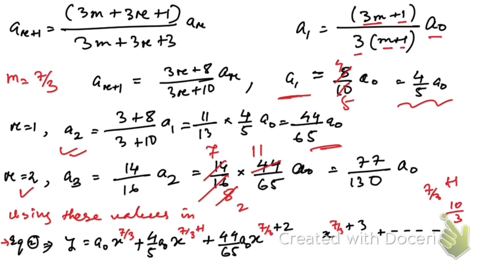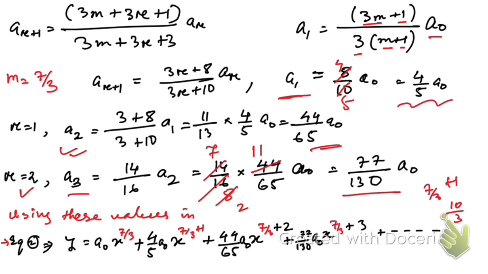Then here we had a3, let us put the value of a3. Instead of a3 we're going to write 77 by 130 a0. That's what we're going to get, right?